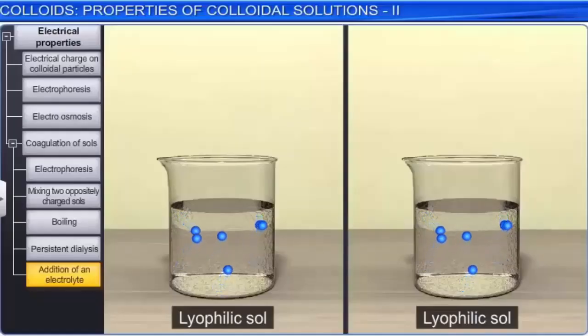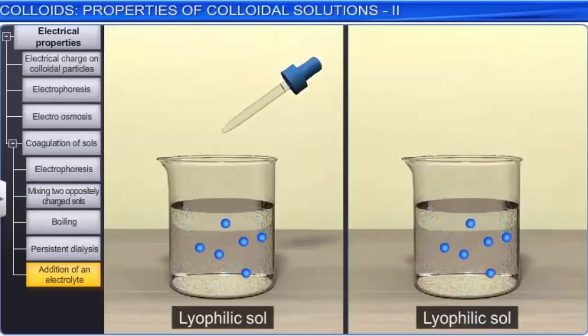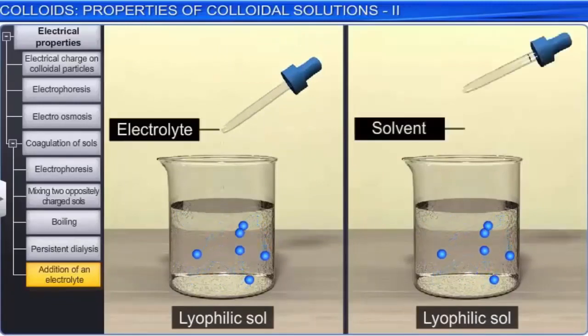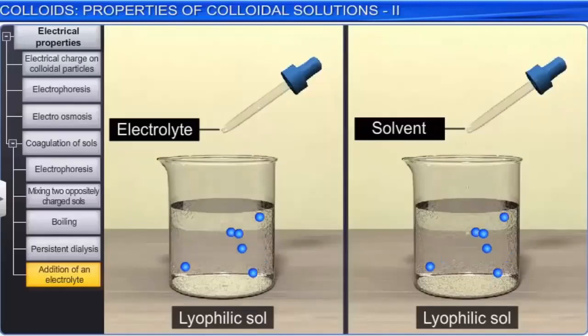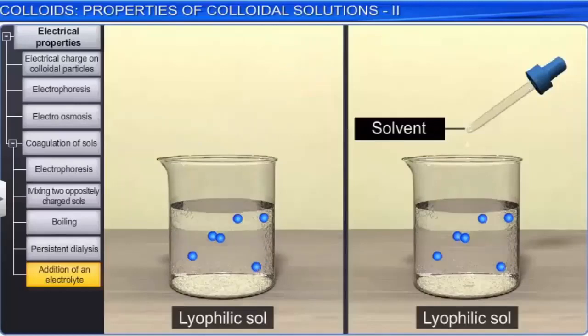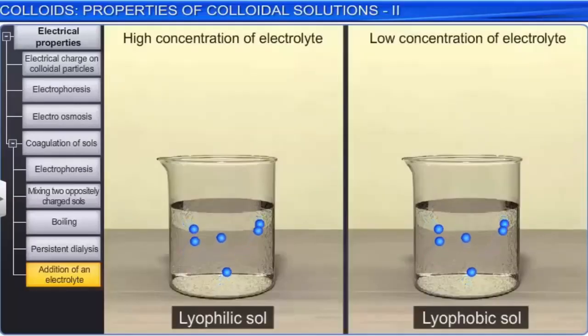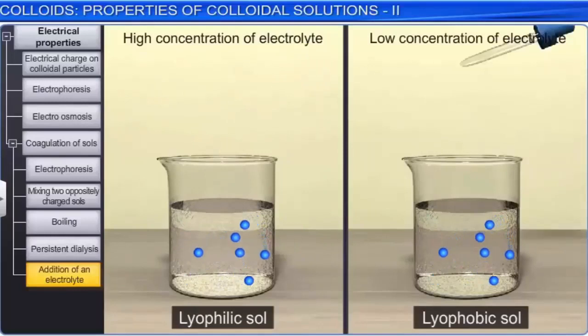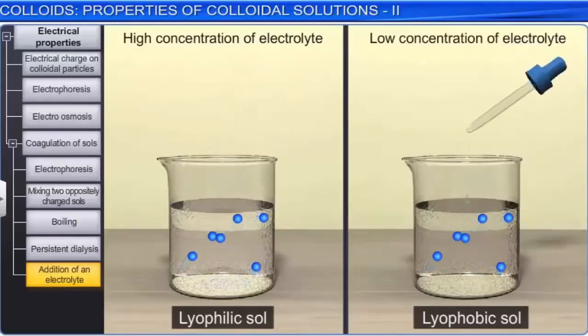A lyophilic sol can be coagulated either by adding an electrolyte or a suitable solvent. A higher concentration of an electrolyte is needed to coagulate a lyophilic sol than is needed to coagulate a lyophobic sol.